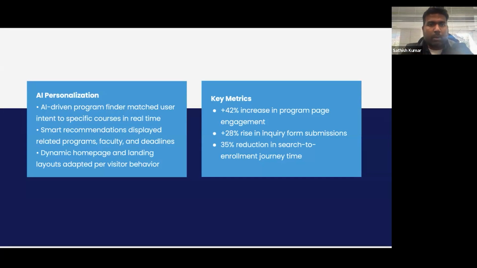Based on what we are seeing with others, there is a 42% increase in traffic to the program page and about 28% more inquiry submissions. People searching on your site have a higher intent of enrolling, so we see more engagement on search to enrollment.